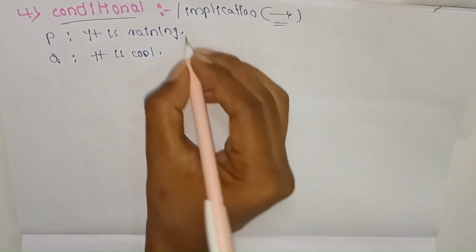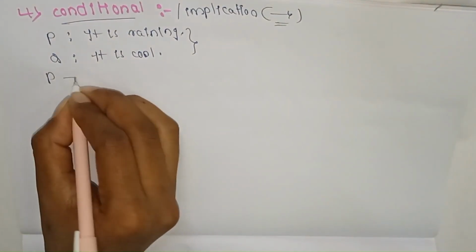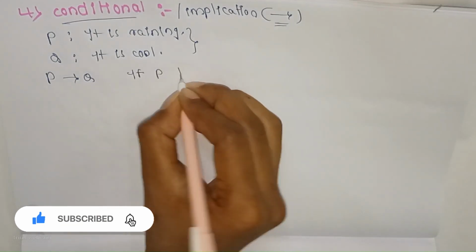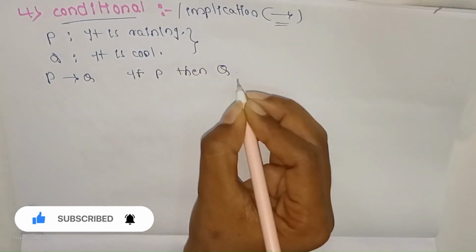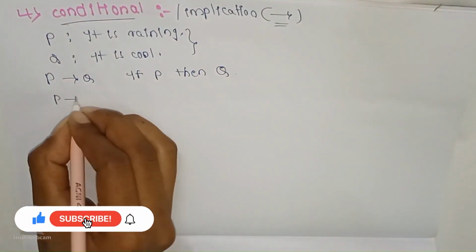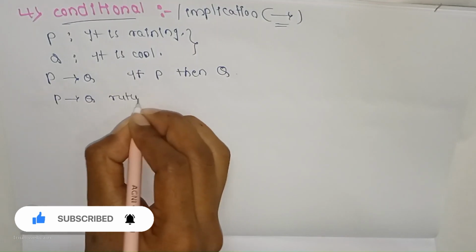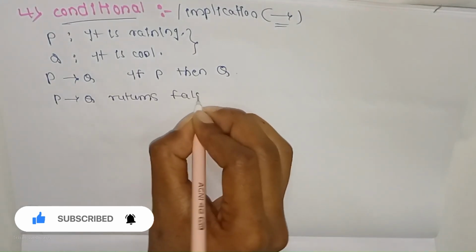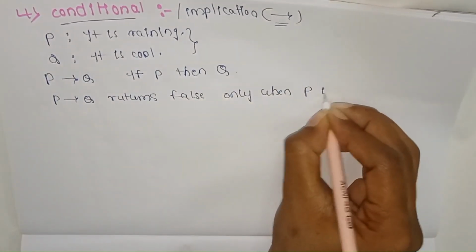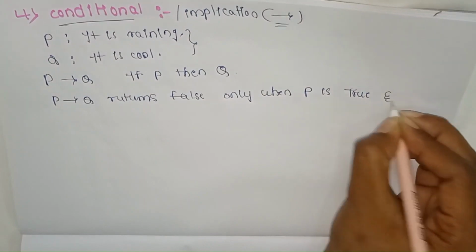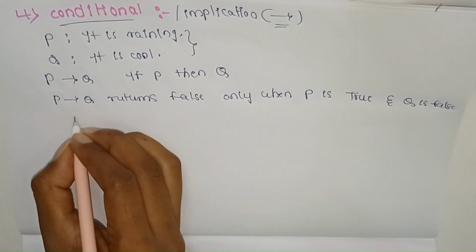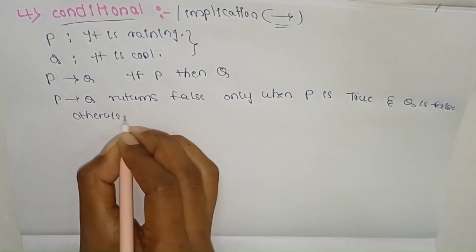The conditional of these two statements is denoted by P conditional Q, which is read as if P then Q. The conditional operation P implies Q returns false only when P is true and Q is false. Otherwise, it returns true.